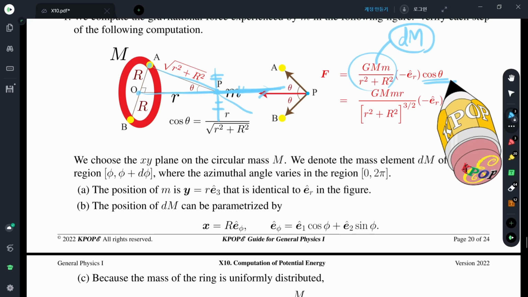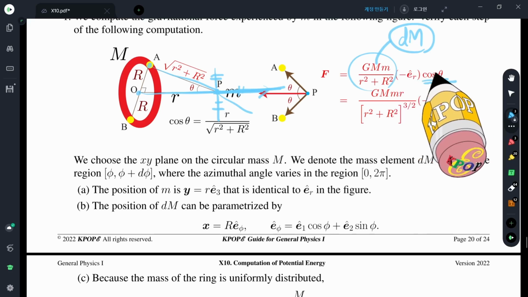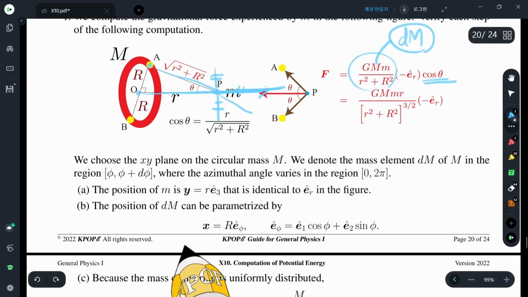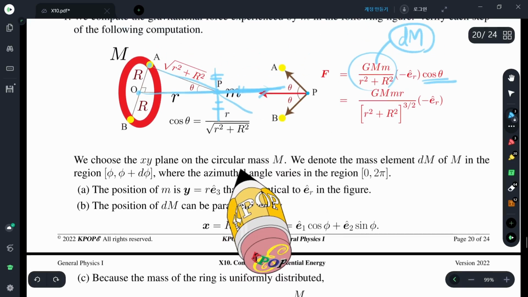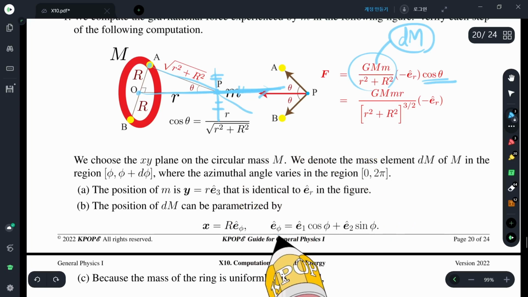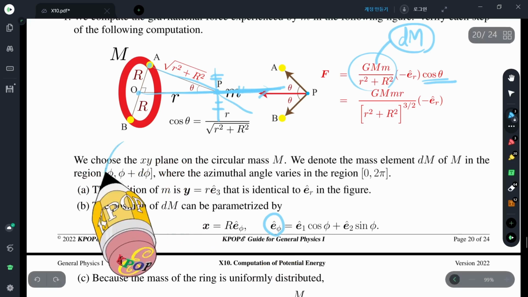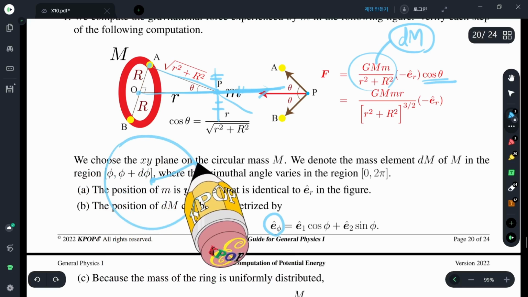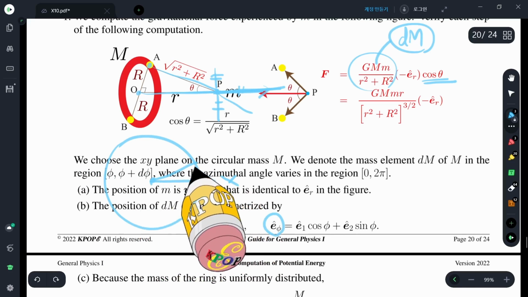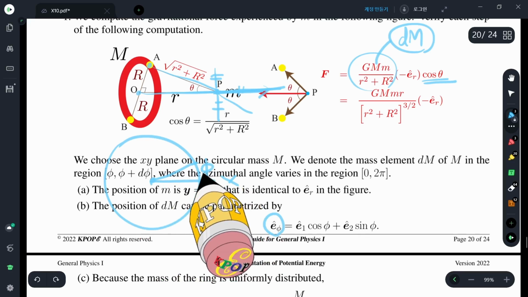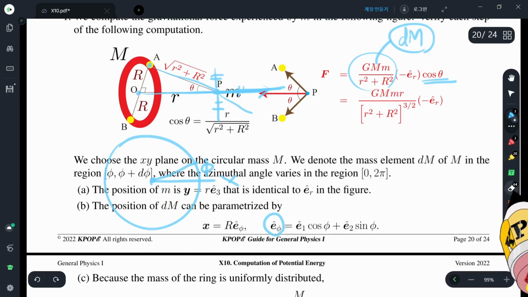But let's see what happens if I do the explicit calculation with the integration. We introduce a unit vector. This is a circle. I have the x-axis. I introduce the angle phi. The angle is too small.